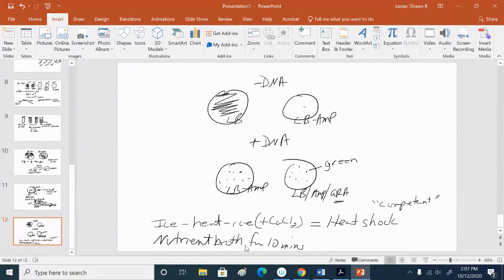So now remember on the 2+ DNA plates, we had the bigger colonies. And then we had some little colonies growing around them.